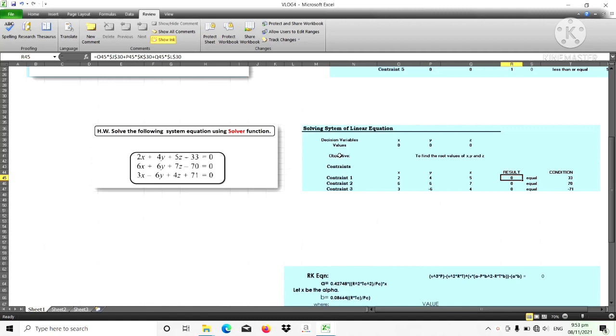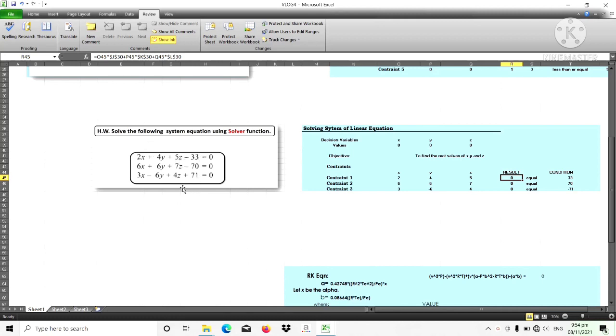So for the second problem, we have this system of equations. We are finding the solution to the system of equations using the Solver function. So we have the equations 2x plus 4y plus 5z minus 33 is equal to 0, 6x plus 6y plus 7z minus 70 is equal to 0, and also 3x minus 6y plus 4z plus 71 is equal to 0.